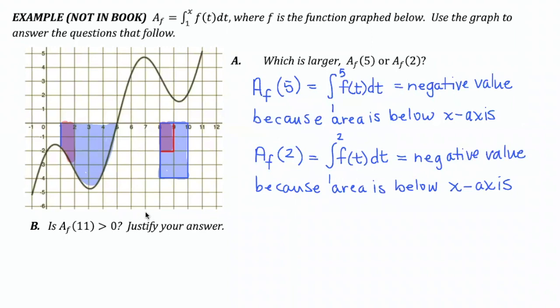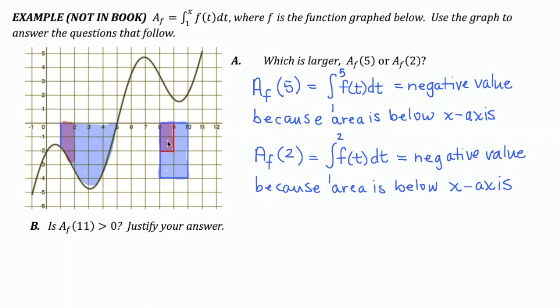To make things a little clearer, instead of working with these shapes where it's very hard to calculate their areas, I've simplified the picture to two rectangles that are below the x-axis. This little red one is approximately the size of this purple shaded area here, and then the blue rectangle.